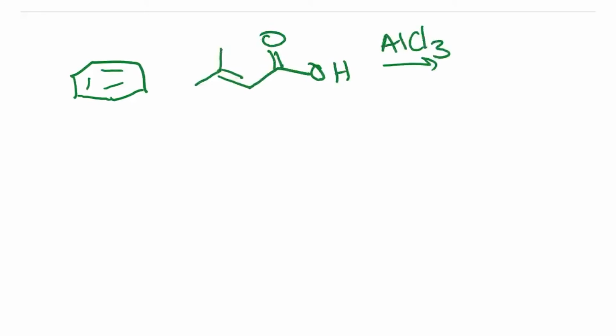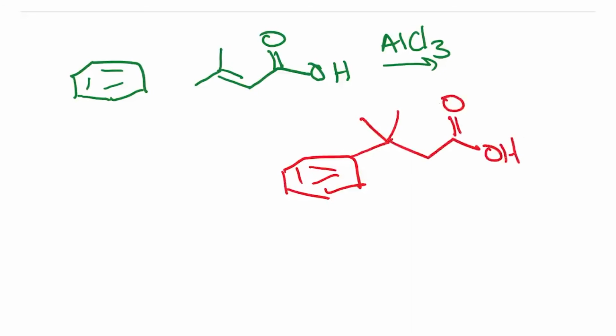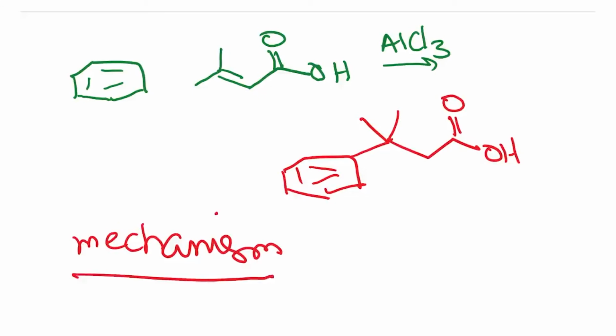If you recall, this is the Friedel-Crafts reaction, and the product that is formed is this. Draw out the arrow pushing mechanism for this when you get time, and get yourself familiar with this whole reaction. Now let's try and understand some aspects of reactivity of these conjugated olefins or conjugated carbonyl compounds, or these alpha beta unsaturated carbonyls.